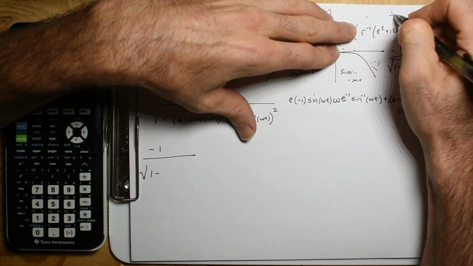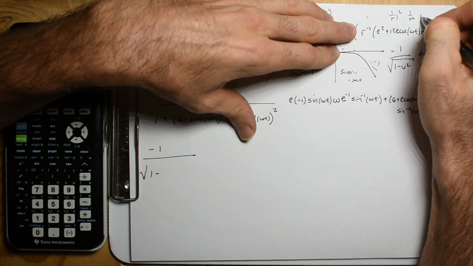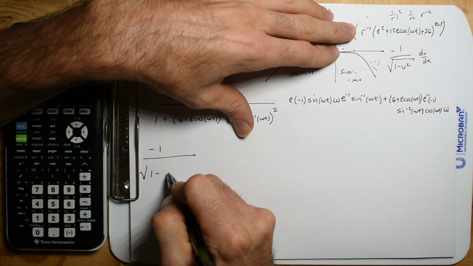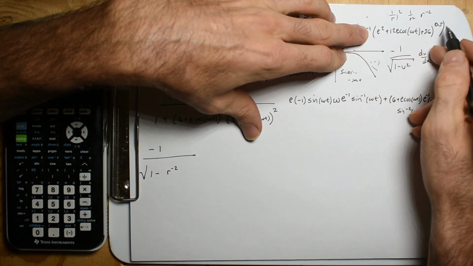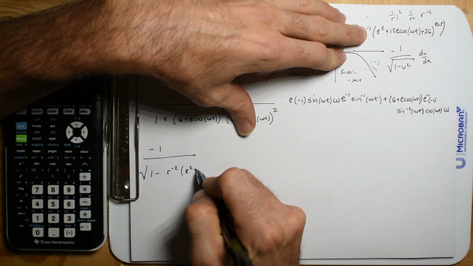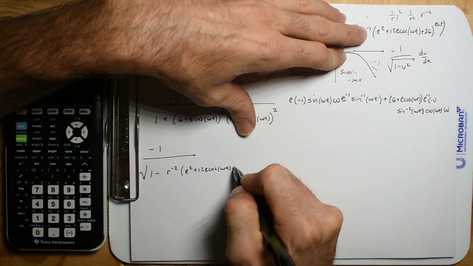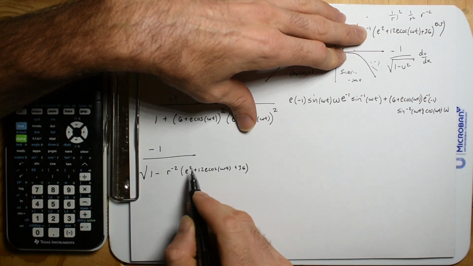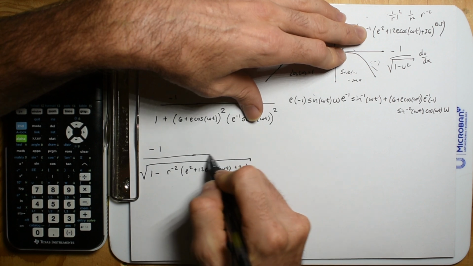If we have 1 divided by r and we square it, we're going to have 1 divided by r squared, so that's going to be r to the -2. And then this squared just becomes what it is: e squared plus 12e cosine omega t plus 36, bracketed in. So we got the square root of that.